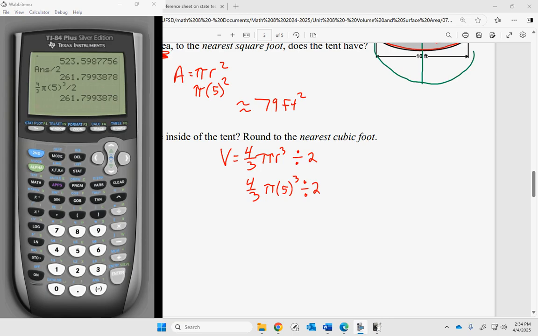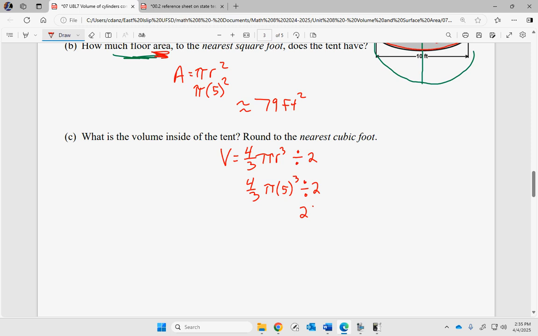Rounded to the nearest cubic foot, 262 cubic feet. And that's it.